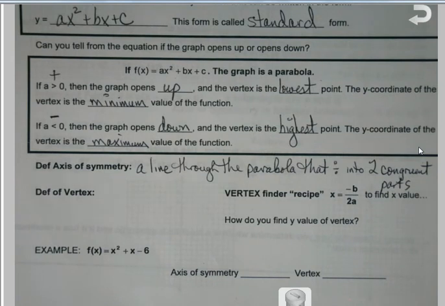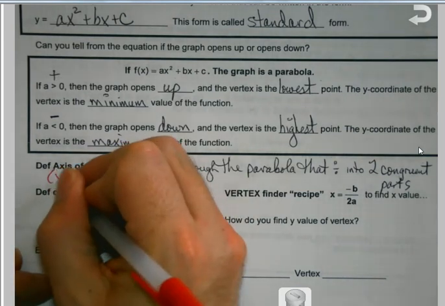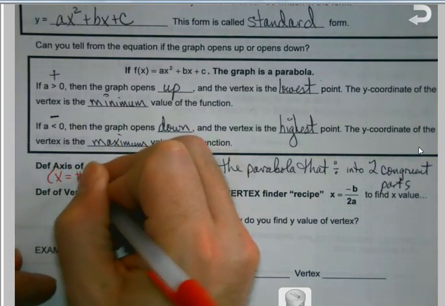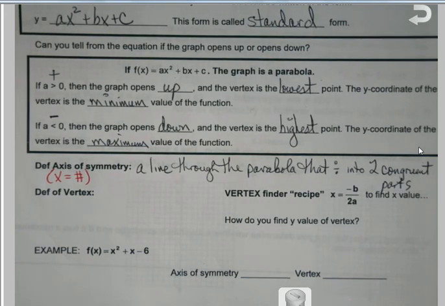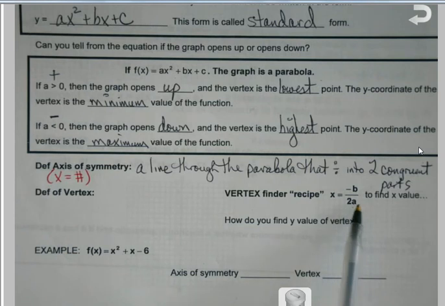And just as a little helper for my axis of symmetry, it's always going to be x equals some number, because you'll notice the line goes vertically, which makes it x equals. And we're going to use this little recipe in here to figure out the value of my vertex, because it's not always going to be at 0 something.